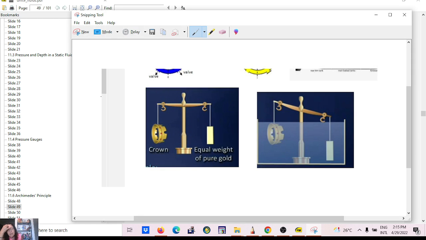So there was a king, and he asked his craftsman to make a crown. He gave him the right amount of gold to melt and make into a beautiful crown. But he was suspicious that his craftsman cheated him. So he asked Archimedes if there was a way to find out if it was pure gold or not.